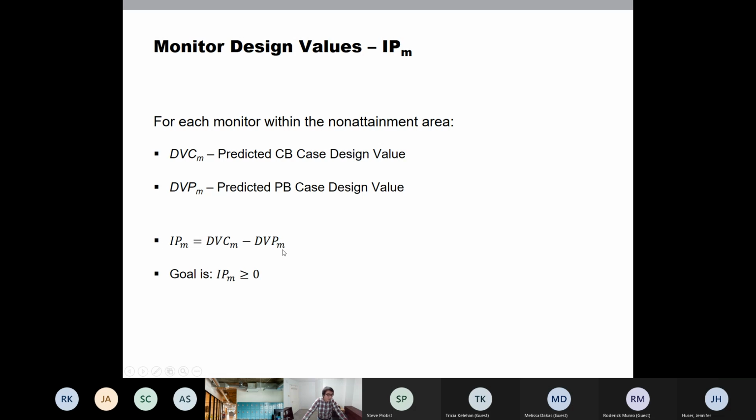Very similar idea: the goal is to demonstrate that the credit case has a higher design value than the project. That way it is justified to retire those credits.